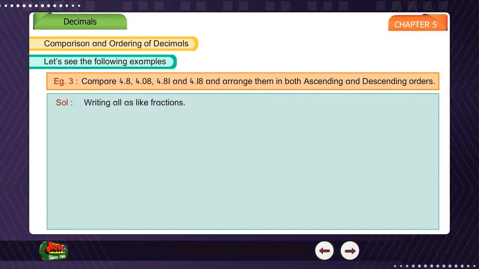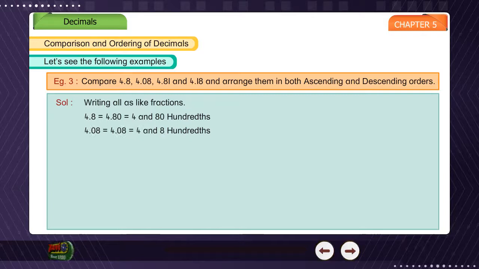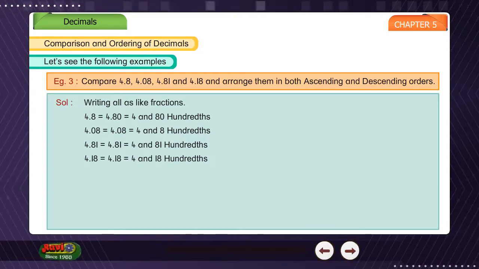Writing all as like fractions. 4.8 is equal to 4.80 is equal to 4 and 80 hundredths. 4.08 is equal to 4 and 8 hundredths. 4.81 is equal to 4 and 81 hundredths. 4.18 is equal to 4 and 18 hundredths.